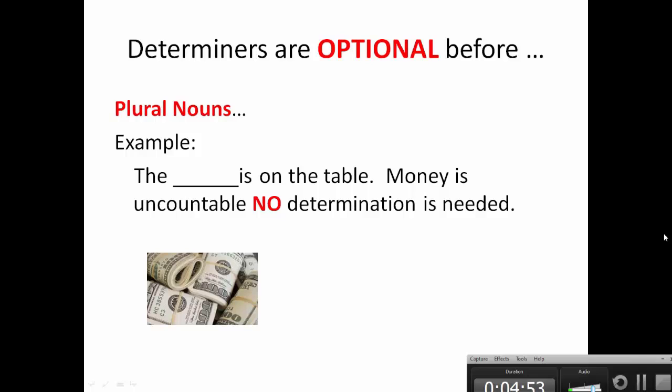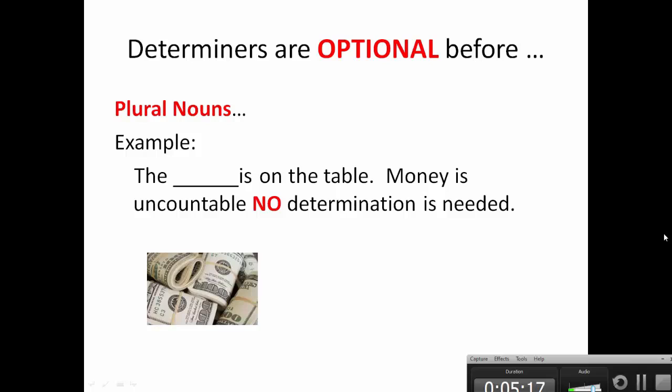Determiners are optional before plural nouns. Plural means more than one. Example, the money is on the table. Money is uncountable. No determiner is needed.